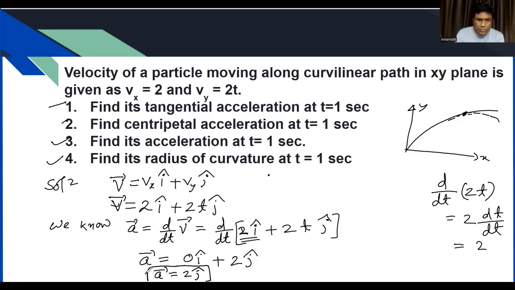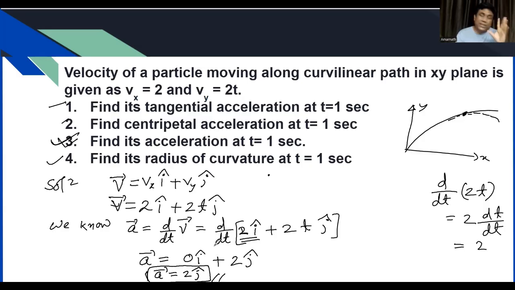Can you tell me which answer this is? It is this one. And remember, they are asking at t equal to 1 second. But you see, in my expression, there is no t. So what does it mean? It means it is independent of t. At t equal to 1 second also, acceleration will be 2j.